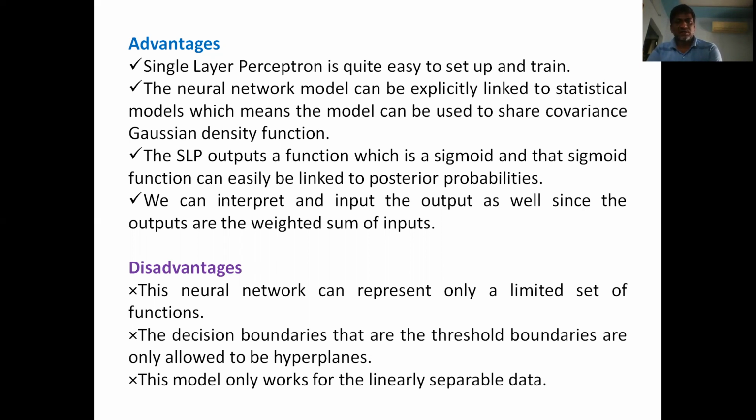The second one is the decision boundaries are treated as threshold boundaries, which allows only hyperplanes. Okay, so because of this reason, the perceptron model only works for linearly separable data. It will not work for linearly inseparable data, right?